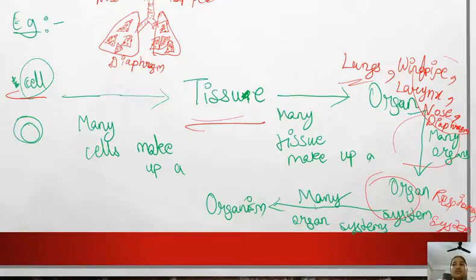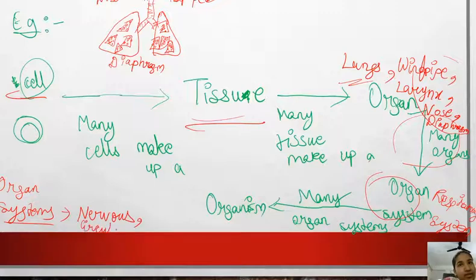Now many organ systems. If I have to give you examples of some organ systems, then you can take nervous, circulatory, reproductive, excretory, digestive, respiratory, and many more.